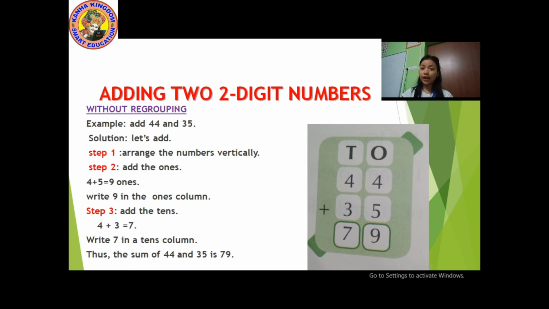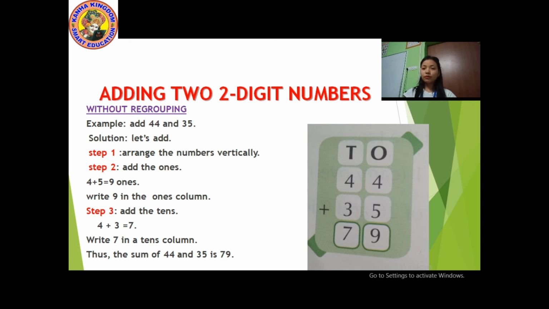Now we are going to add two-digit numbers. One two-digit number is 44 and the other one is 35. Okay, student. Now let's start. Solution. Let's add.